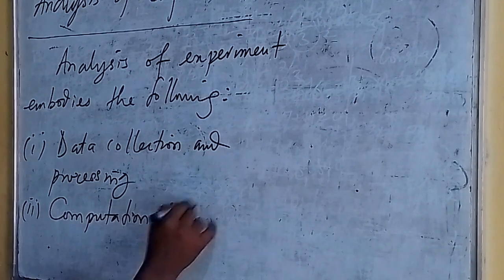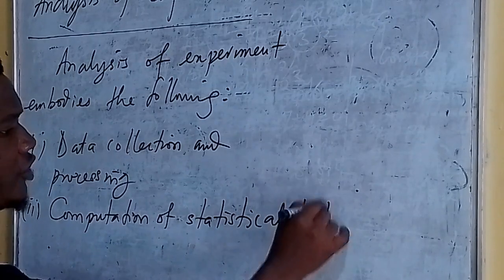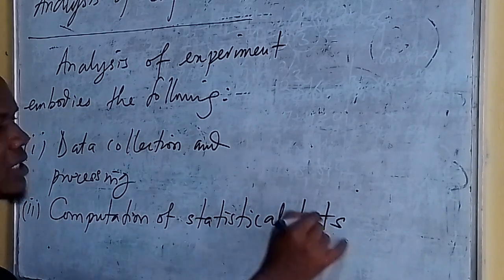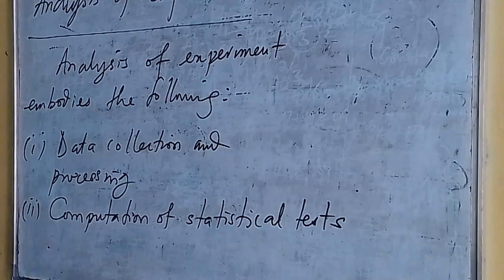Statistical tests, in plural, please. Here is where you start. That is after collecting your data, you may start performing t-test, ANOVA, chi-square, and all of them are different statistical tests. Do you understand me? So that is also embodied in the analyzing process.